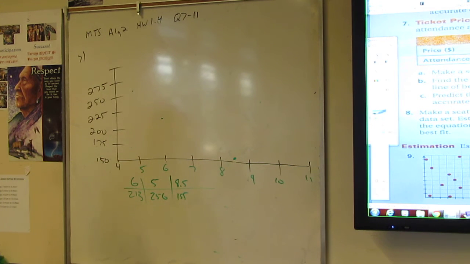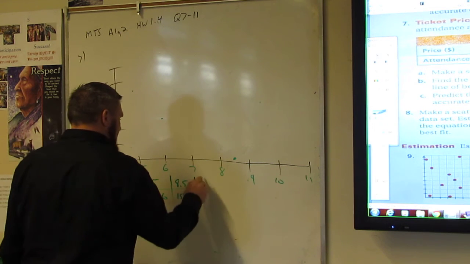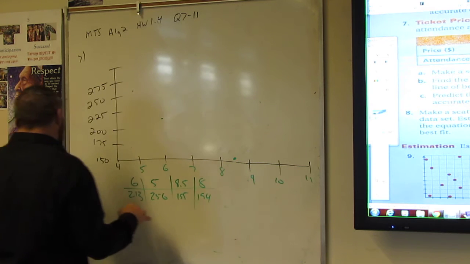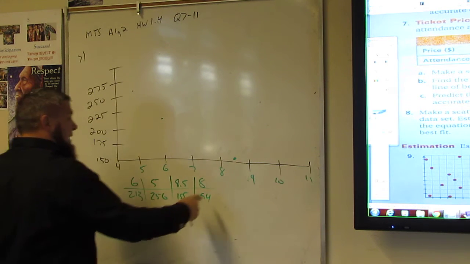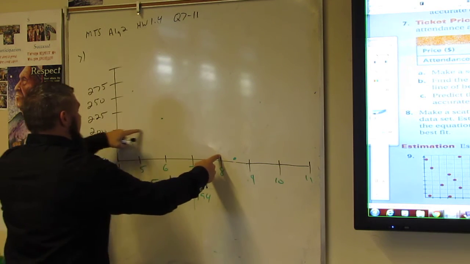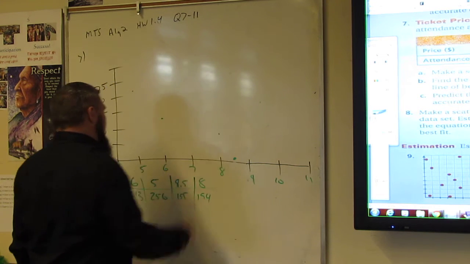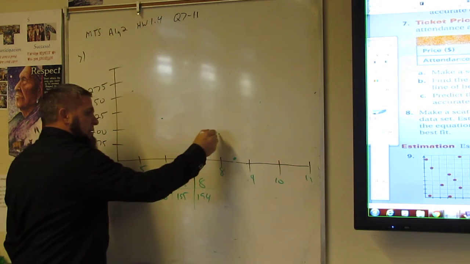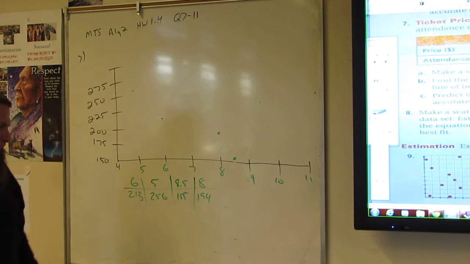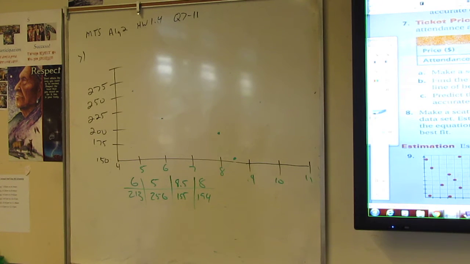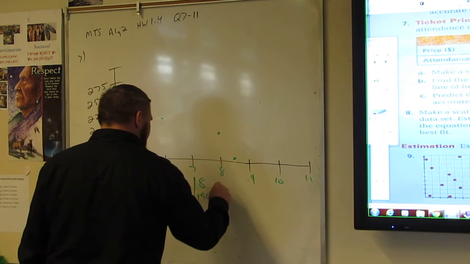Then we go to 8 and 194. Well, 8's here and 194 is really close to 200, just a little bit lower. That's pretty good, yeah? Okay? Then I've got 10 and 160.